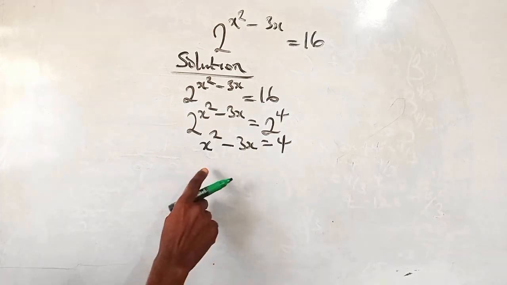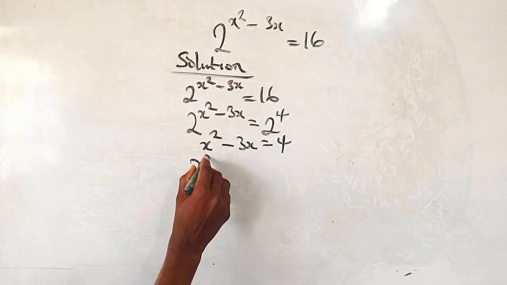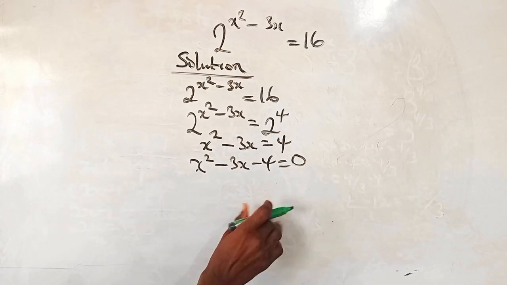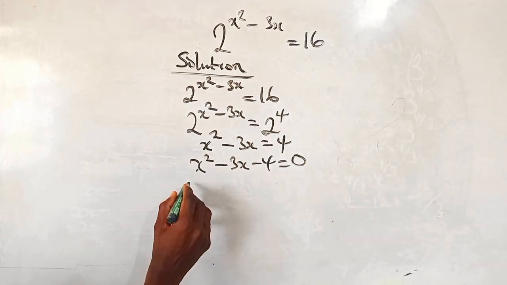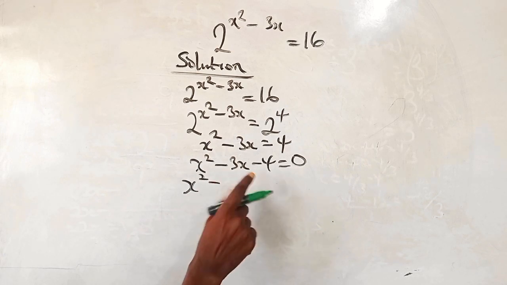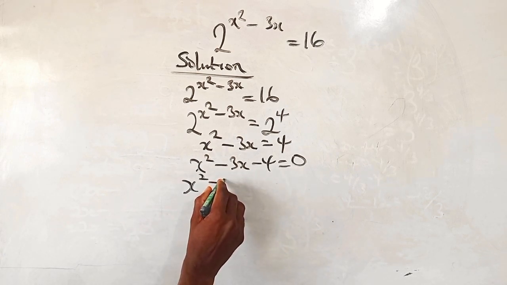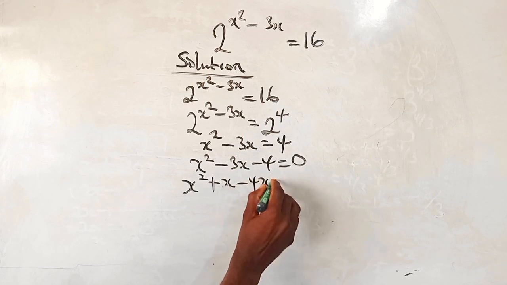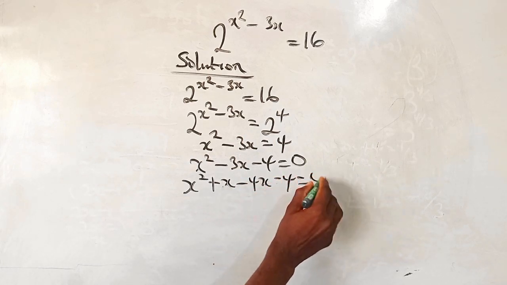So we can set up a quadratic equation. We have x squared minus 3x minus 4 equals 0. We can factorize this. Here we have x squared minus 4x plus x minus 4 equals 0.